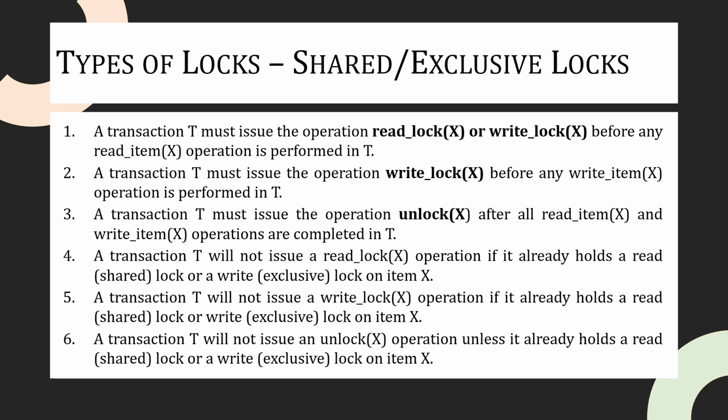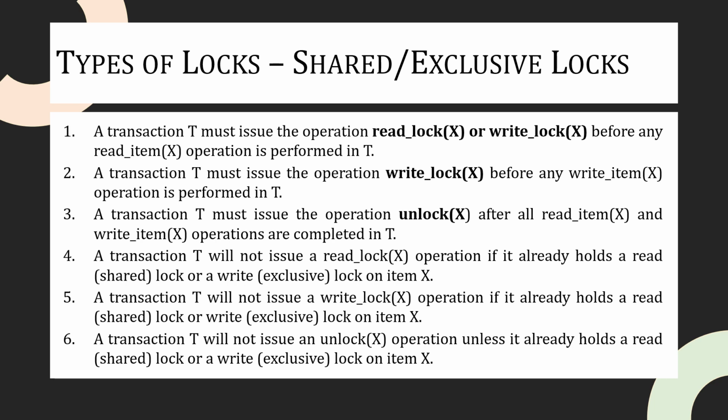That means it should issue the shared lock or the exclusive lock on the data item X before any read item X operation in T. The second rule is the transaction T must issue the operation write lock of X, that is the exclusive lock on X, before any write item on X operation is performed in T. That means before any write item operation, we need to issue the write lock on X.